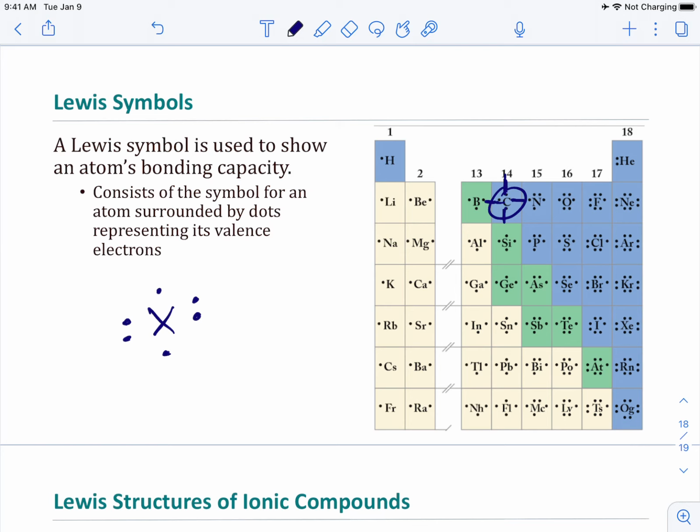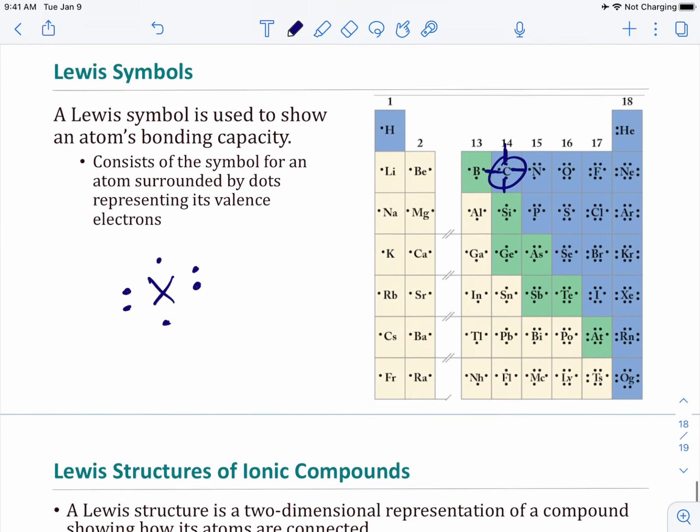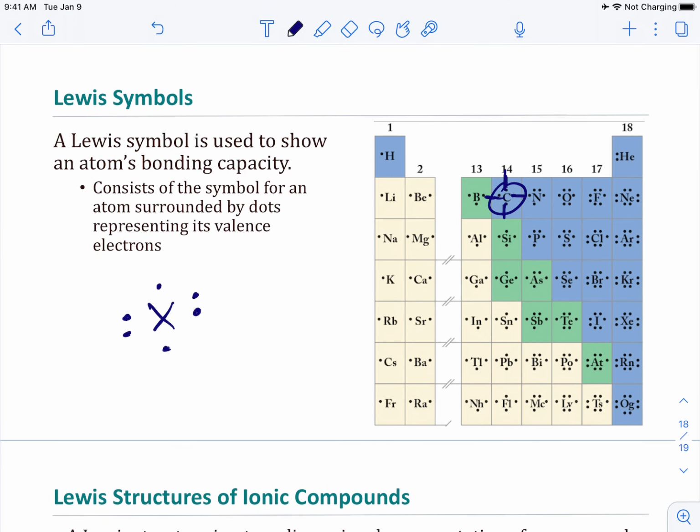That'll become more clear in chapter 5, which gets a little bit advanced, but you might be thinking to yourself, well, wait a second, 2s2, 2p2, there aren't 4 lone electrons. 2 are paired and 2 are lone. Hang on to that. That takes us into hybridization, molecular orbital theory, and all that. So just go by the group number now and the number of valence electrons as you move across.